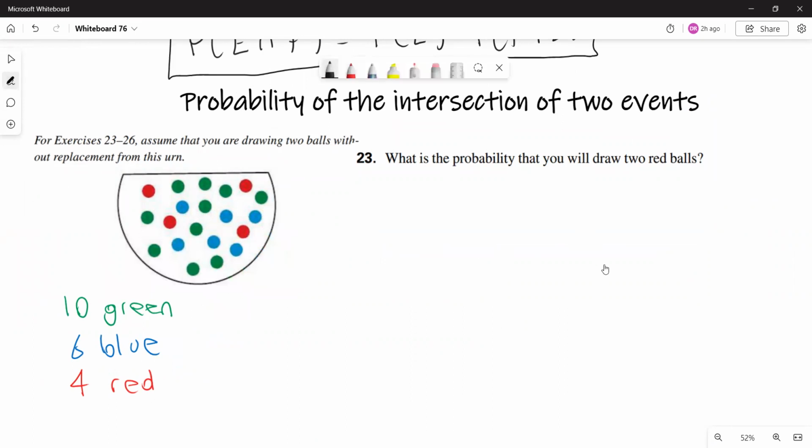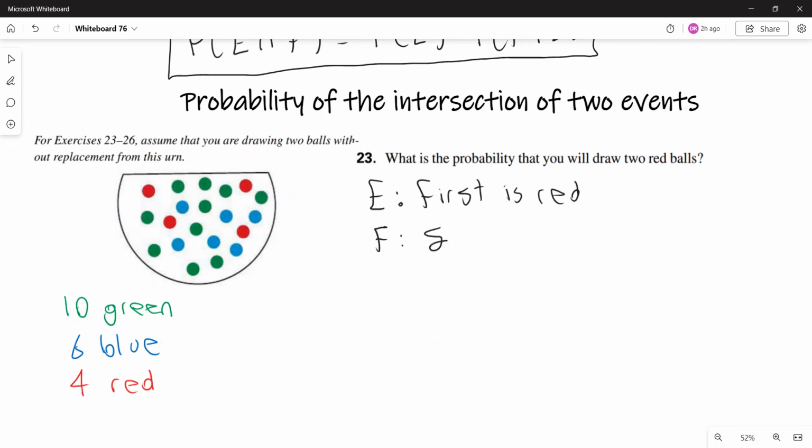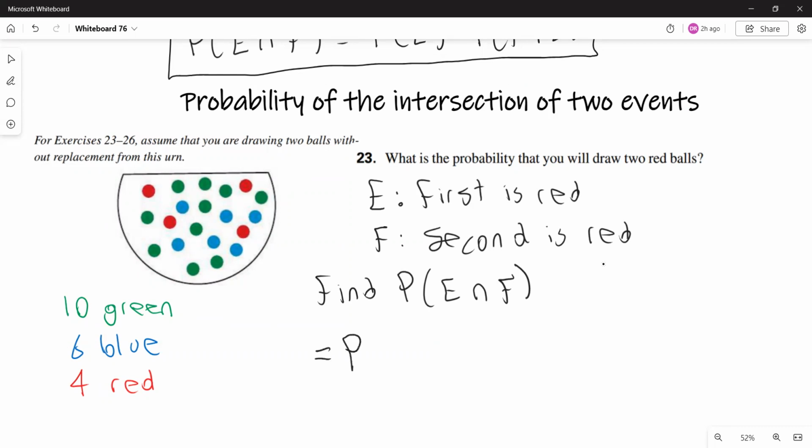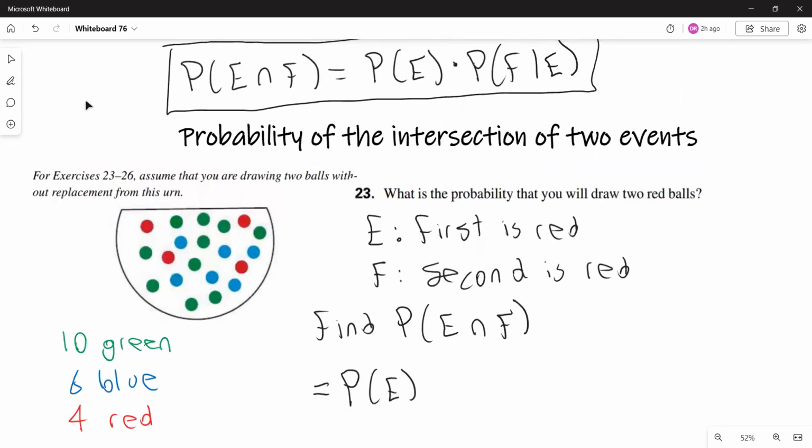So we're going to call E the event that the first ball is red, and F the event that the second ball is red. And we want to find the probability that the first is red and the second one is red. According to the formula, this is equal to the probability that the first ball is red, times the probability that the second ball is red, given that the first ball is red.